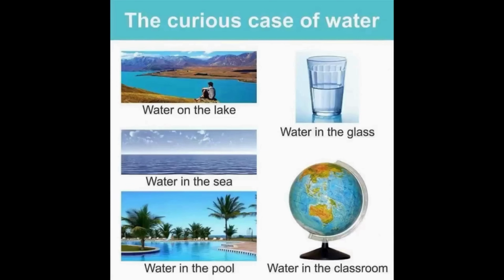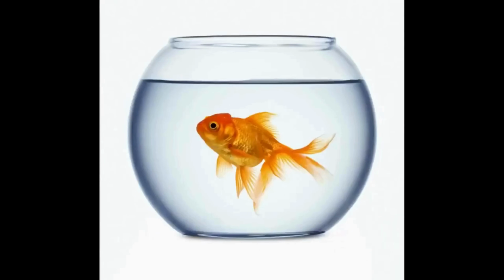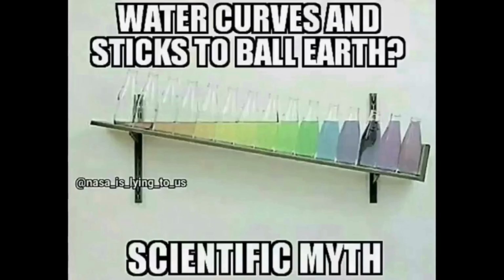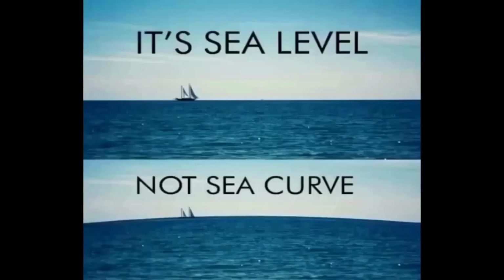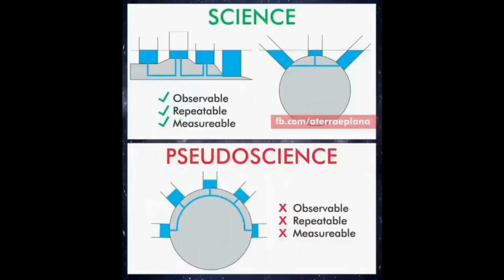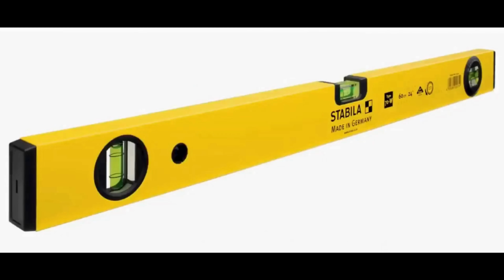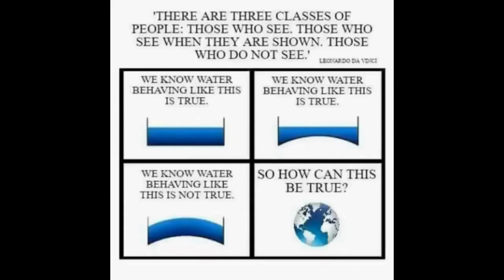We are used to water doing this and this, but we have never in all our lives on Earth witnessed with our own eyes water do this. Water does not bend. It's not called sea level for nothing, you know. And if water did not always find a flat level, then why would we use tools such as this to achieve accuracy? Again, water does not bend.